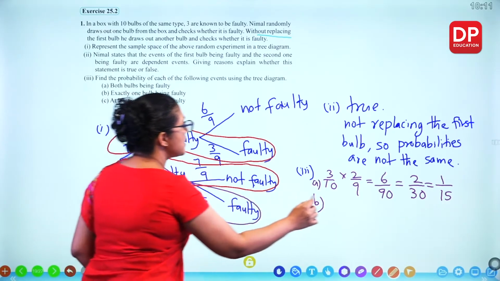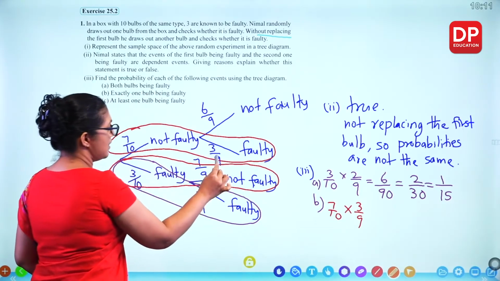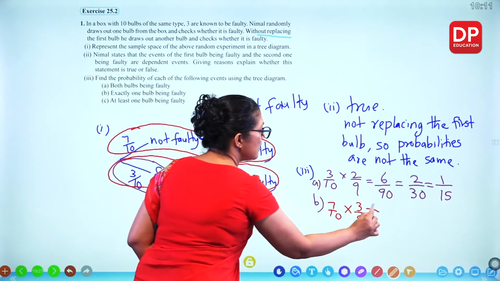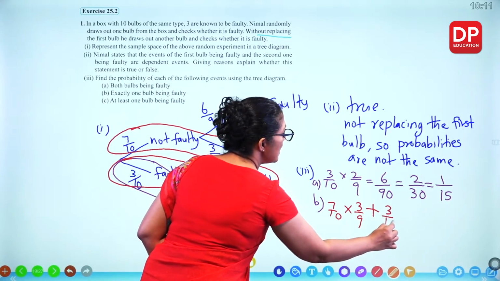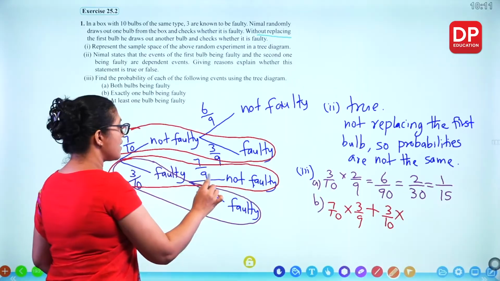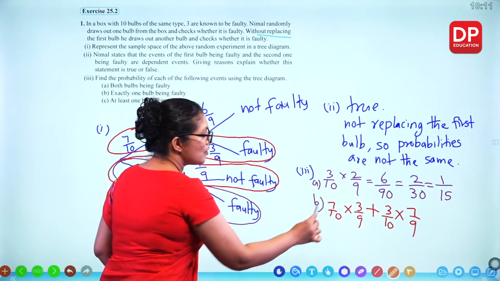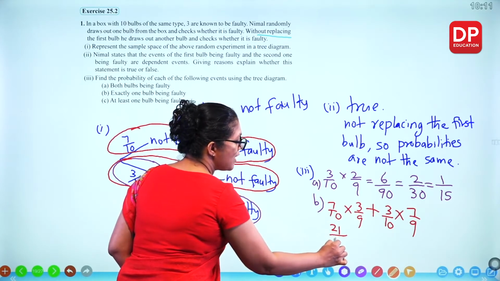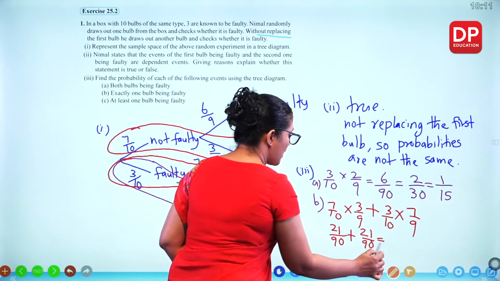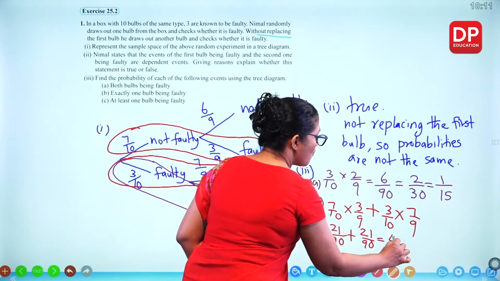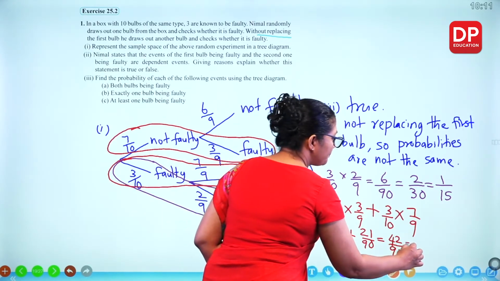So 7 over 10 times 3 over 9 plus we can take the other branch, faulty, 3 over 10 and getting not faulty one, 7 over 9. So when you multiply, this is 21 over 90 and 21 over 90, you get 42 over 90. So you can divide by 3.